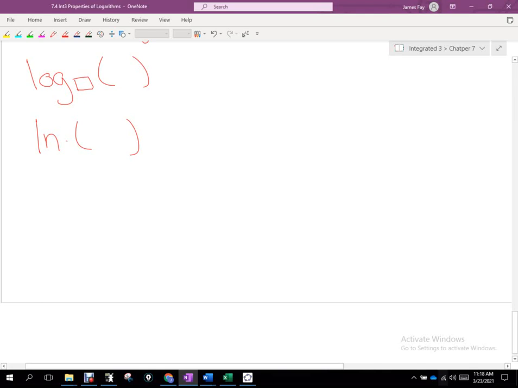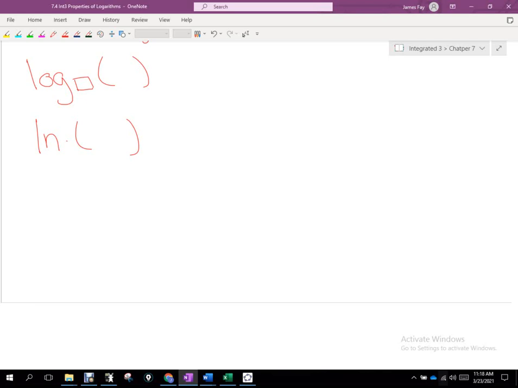Now there was a guy named Leonhard Euler who was very interested in looking at a graph of 1 plus 1 over x, and what it evaluated to as x went to infinity.